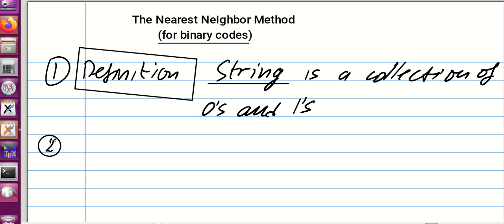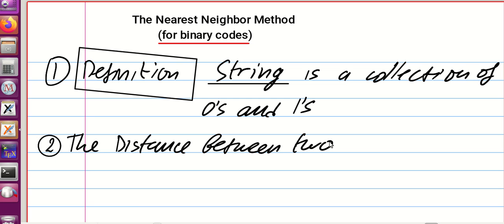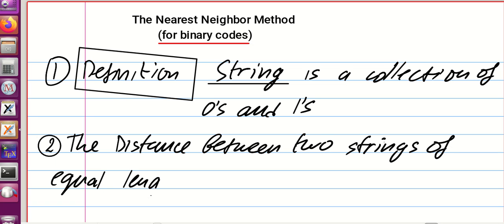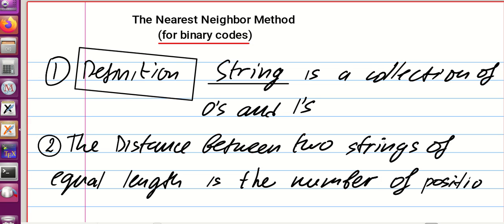The second thing is the distance between two strings. The distance between two strings of equal lengths, so the length has to be the same, is the number of positions in which the strings differ.